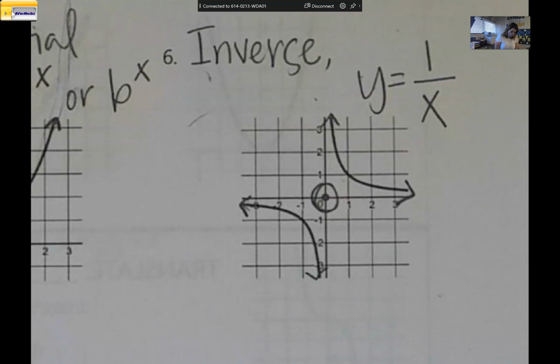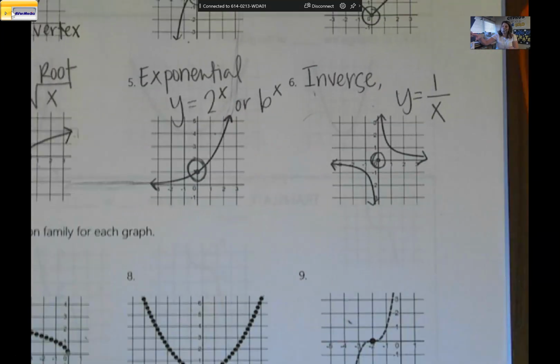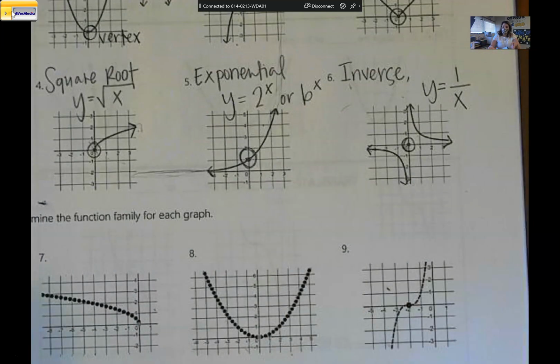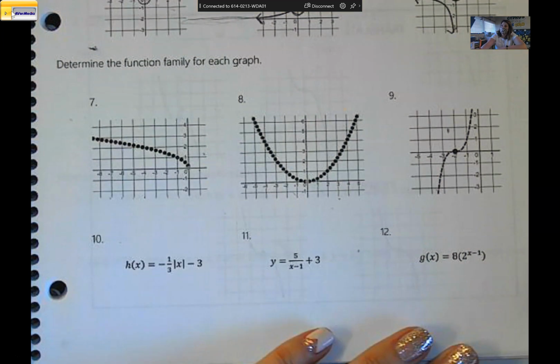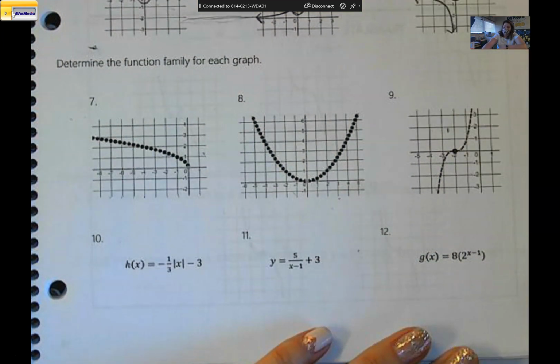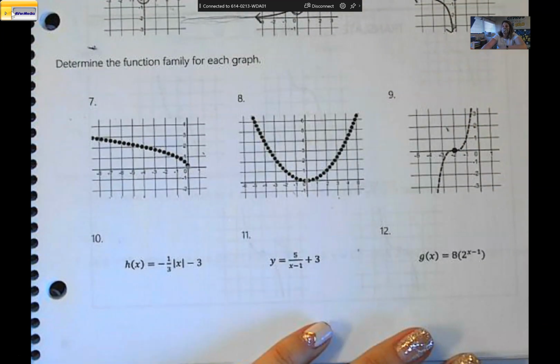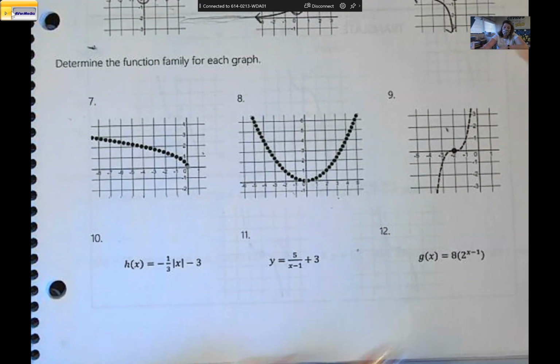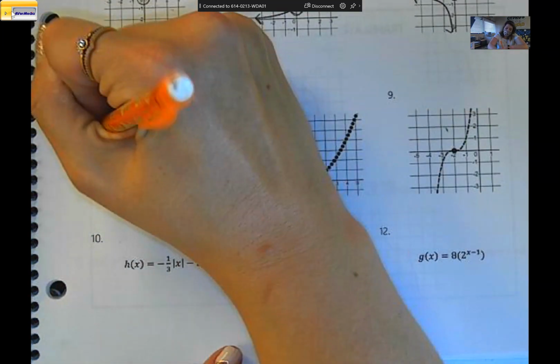So those are our 6 function families that we focus on. Now if I zoom out, the next task for us is to identify what families these belong to. Half of them are looking at a graph and half of them are just looking at the function. So the first one, what are you guys thinking?